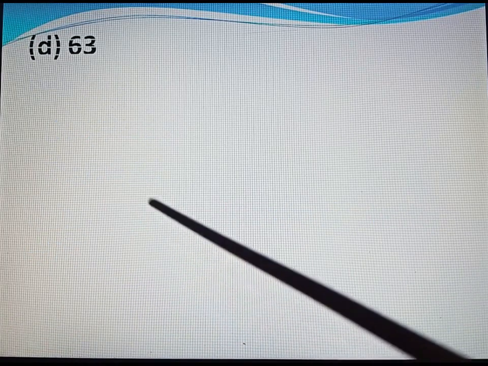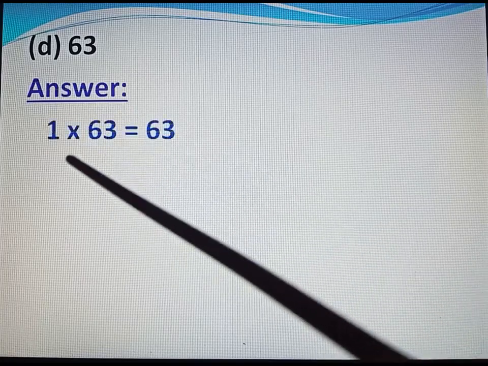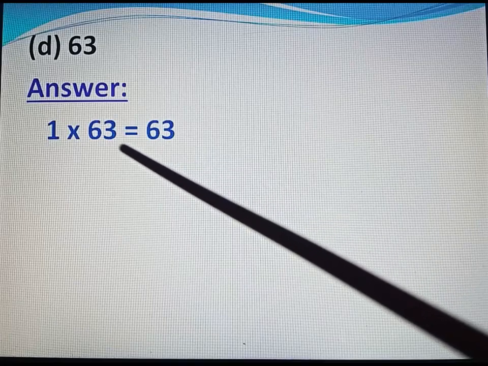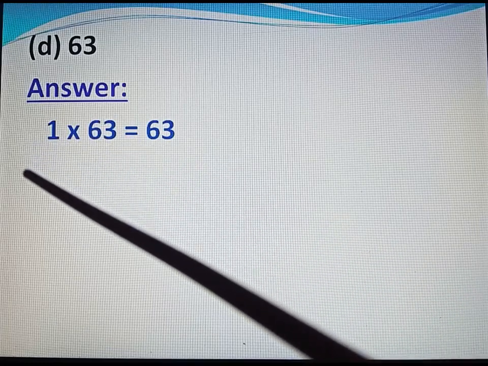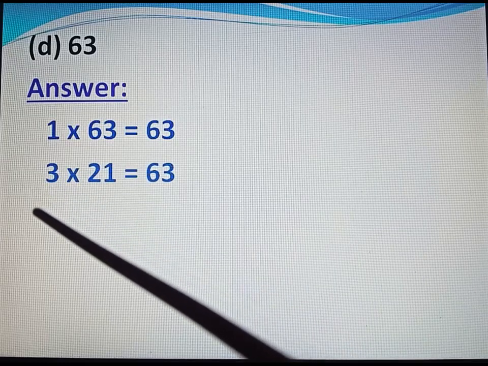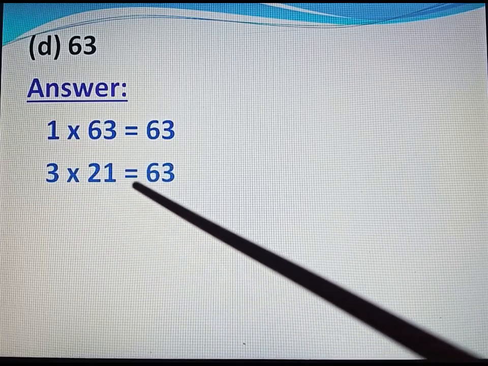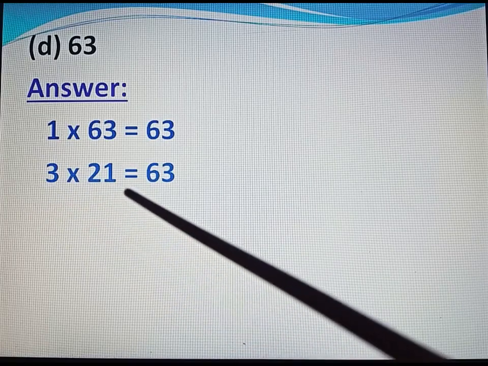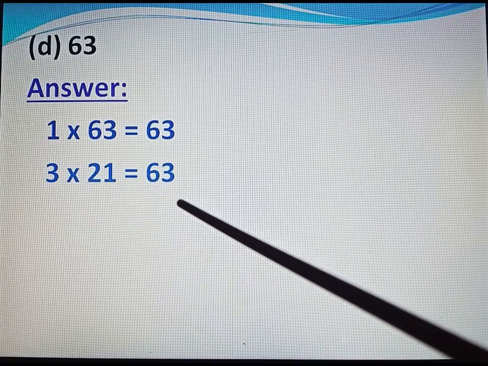Now, D part, 63. Now we have to find the factors of 63. Answer: 1 multiply 63 equal 63, or 63 multiply 1 equal 63. Next, 3 multiply 21 equal 63, or 21 multiply 3 equal 63.